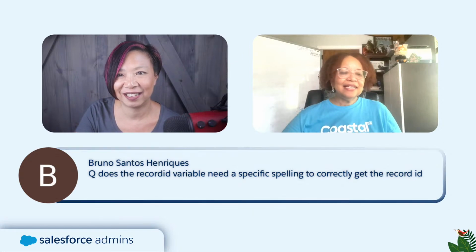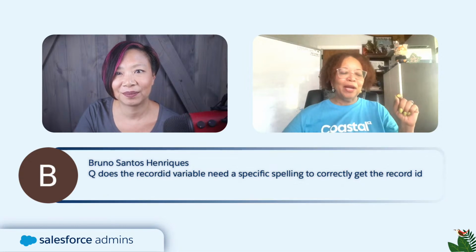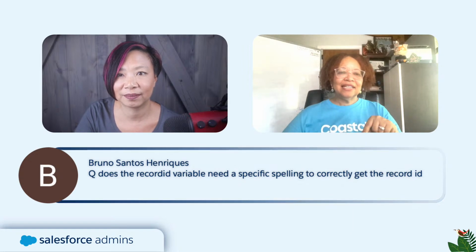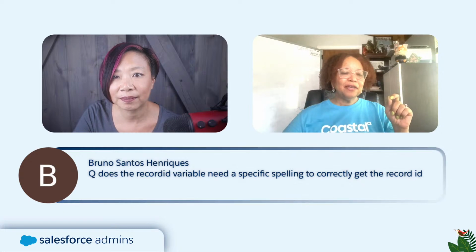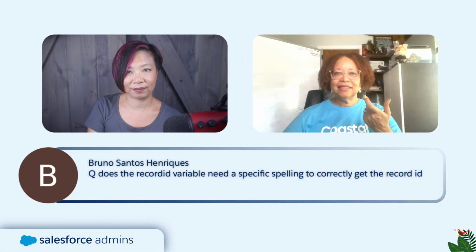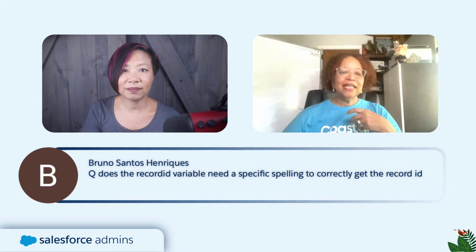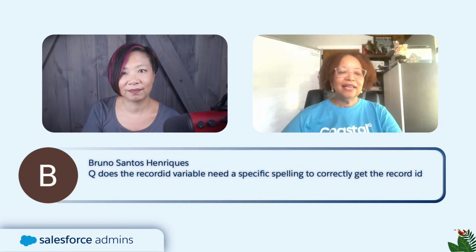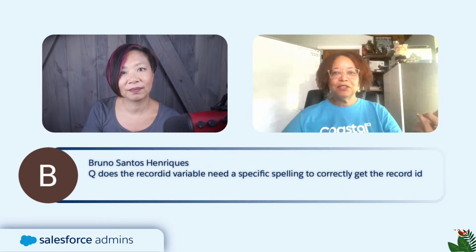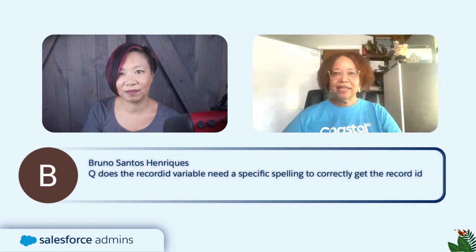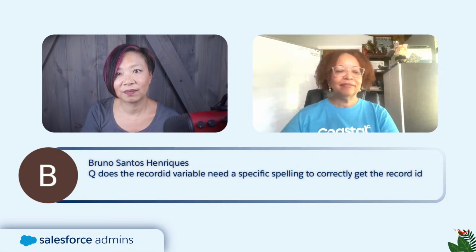Yes, it does. It does need to be recordId, with an uppercase I and then D. Just like you use it for pulling in the text, the 18-digit ID, if you've ever used it that way, you need to have that specific spelling. And then the other difference was changing the data type from text to record and then indicating which object you want brought in.